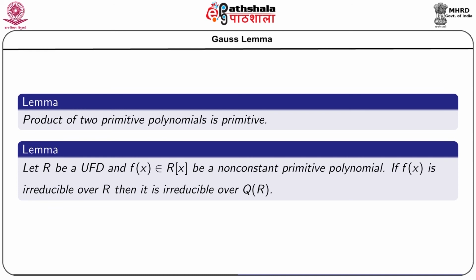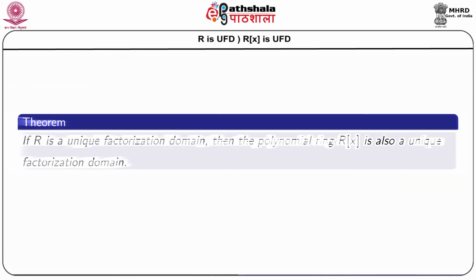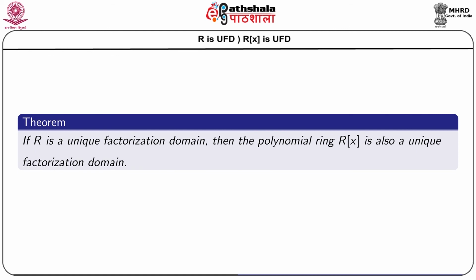Also, we have that if f(x) in R[x] is a non-constant primitive polynomial, then irreducibility of f(x) over R implies irreducibility of f over Q_R, where Q_R is the quotient field of R. With the help of these two results, we can prove that if R is a unique factorization domain, then the polynomial ring R[x] is also a unique factorization domain.